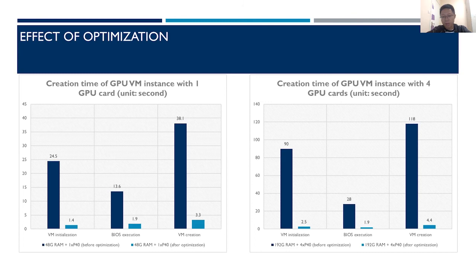The creation time is reduced by more than 90%. For a GPU virtual machine instance with 4 GPU cards and 192 GB RAM, it is reduced from about 2 minutes to 4.4 seconds, which is reduced by more than 95%.